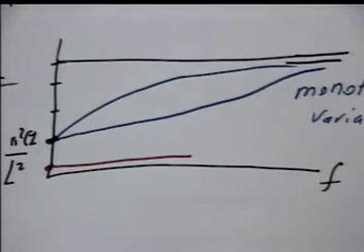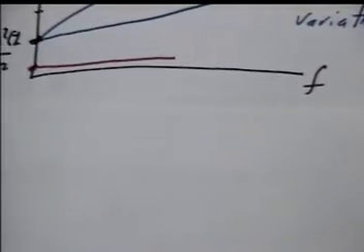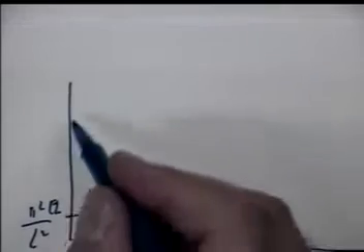Because if it was non-monotonous, then it would be behaving like this. So that is pi square EI over L square.